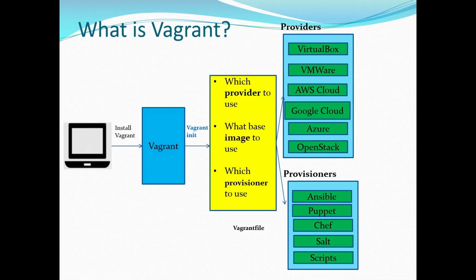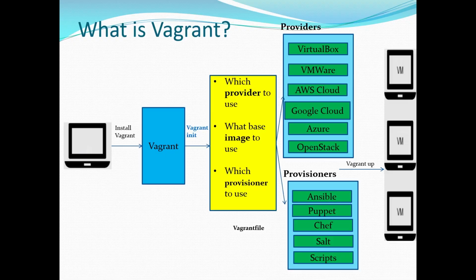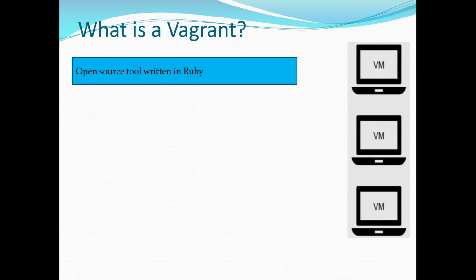Then when we use the vagrant up command, automatically we will get the VMs up and running very smoothly. So this is the use of Vagrant. Very simple and easy to understand. We'll see a demo, then you will understand it. Right now it is a little bit of theory, but I bet when we understand the practical, it will be very easy for you.